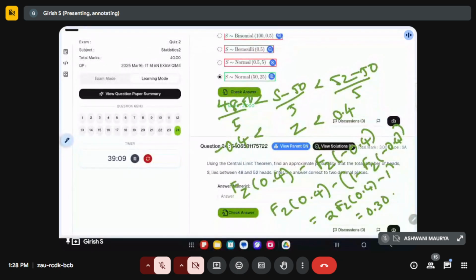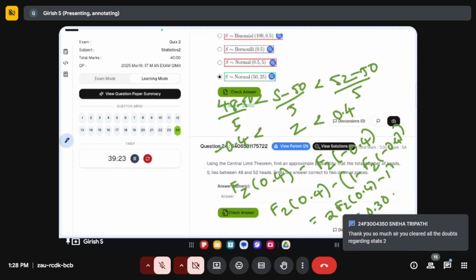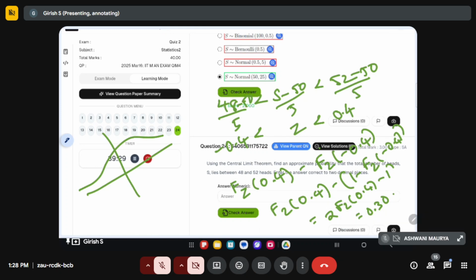Yeah, the concept is clear for me, but I just have a question from the inequality. So we have minus 0.4 less than z less than 0.4. So this is a normal distribution, right? When we want to calculate this area, why can't we write here 2 times z less than 0.4? We can actually reduce that inequality from there.